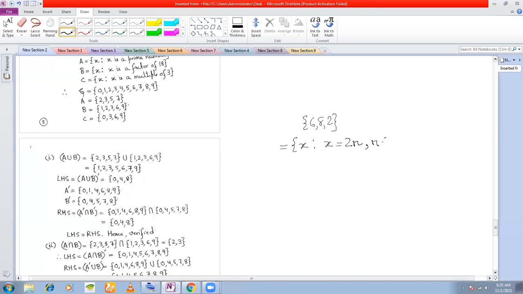N is a natural number. In fact, instead of writing natural number, you can simply write what values n can take. If you take n is equal to 1, then you will get this element 2, right? If you take n is equal to 3, you'll get x is equal to 6. And if you take n is equal to 4, you get 8. That's how you write.